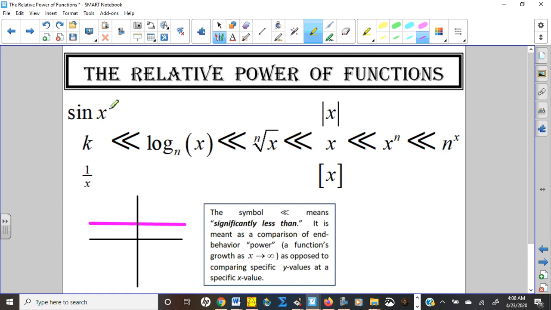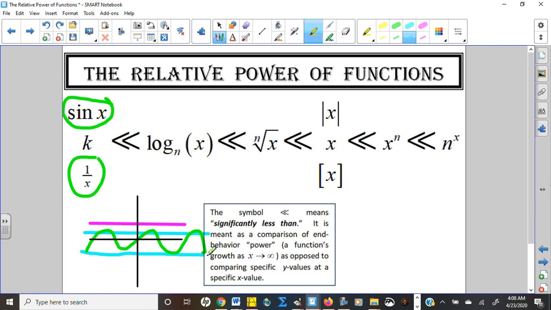Now, why would these two functions be considered in that same category? Well, sine oscillates back and forth, but based on its amplitude, it's never going to get any higher than the top. That's its absolute max. It's never going to get any lower than its absolute min. So it's basically a bounded function.